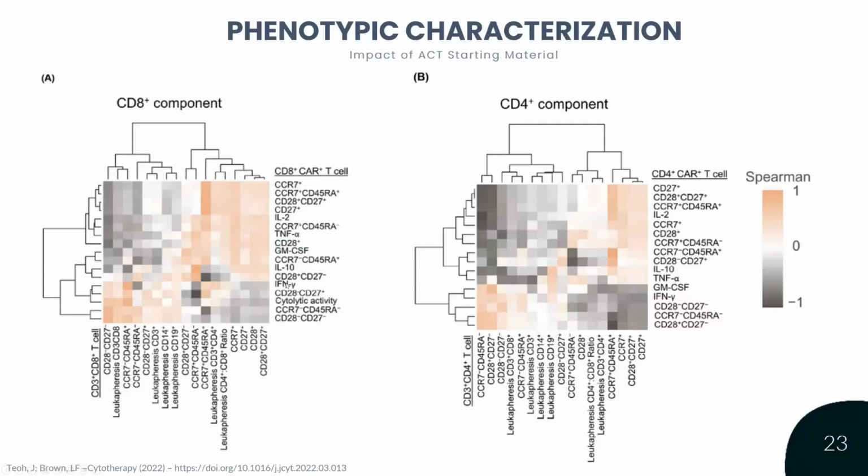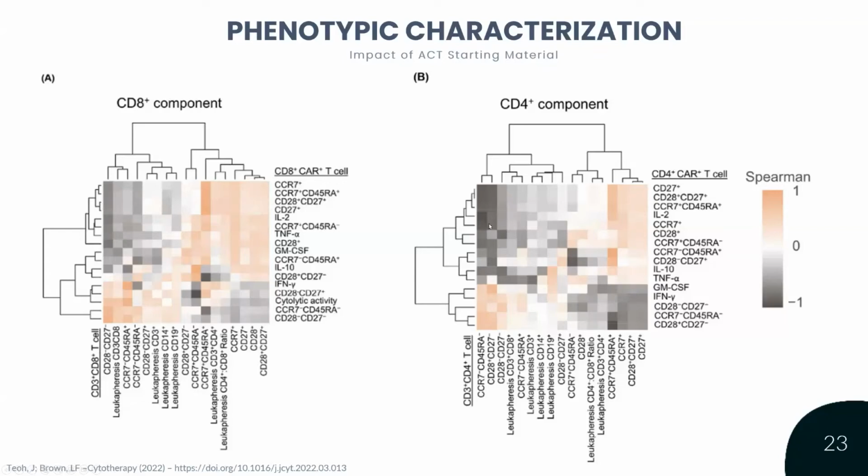Typically any release assay right now in adoptive cell therapies looks at IFN gamma secretion. So the positive correlations here indicate that if there's a rise in any of these x-axis populations, it also gives a rise to certain other ones.